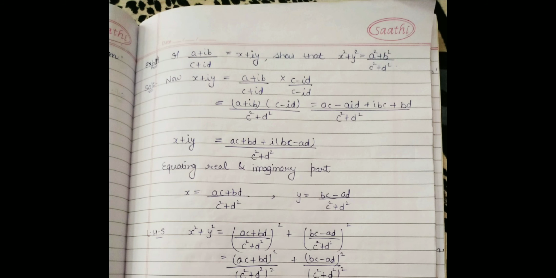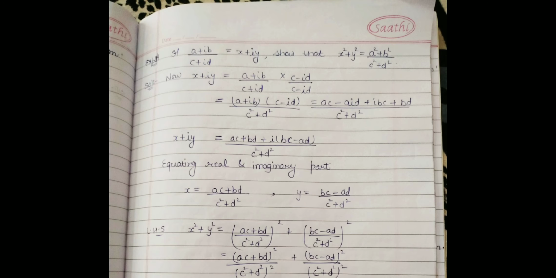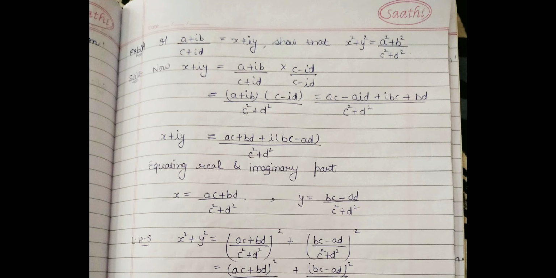Now for a fourth example, we are given a plus iota b upon c plus iota d is equal to x plus iota y. We have to show that x square plus y square is equal to a square plus b square upon c square plus d square.